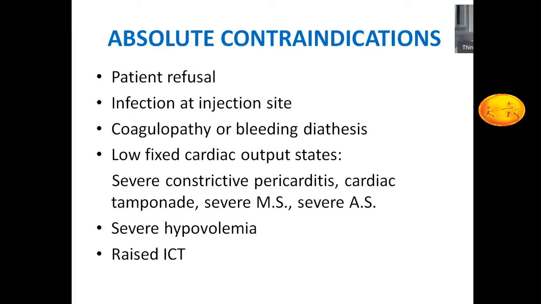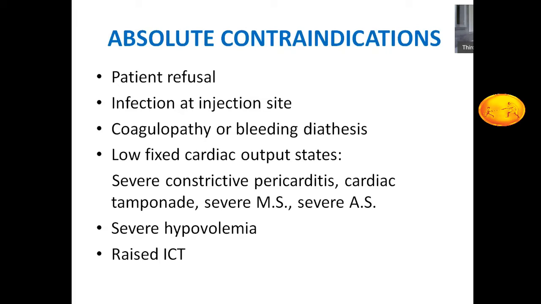Then third is the low fixed cardiac output state like constrictive pericarditis, cardiac tamponade, severe mitral stenosis and severe aortic stenosis. Because in all these cases, the patients do not tolerate a small amount of hypotension, and this hypotension is an important physiological effect after giving spinal anesthesia.